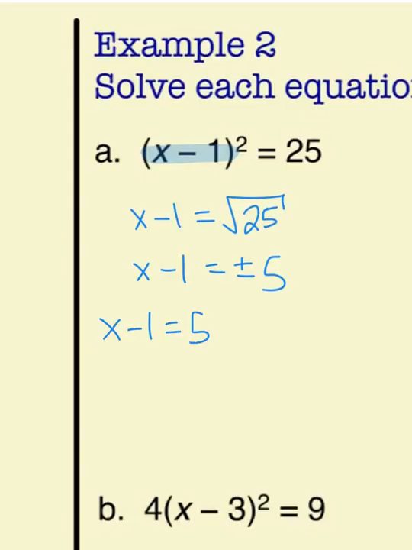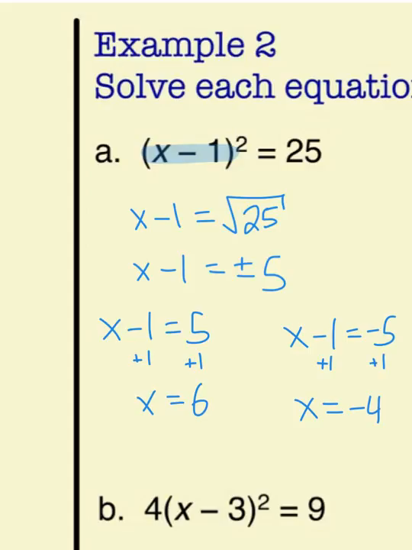So x minus 1 equals positive 5, or x minus 1 equals negative 5. Alright, and then we solve it the same way we would another equation, so add 1 to both sides, and x equals 6, or x equals negative 4. Should be a plus 1 over here.